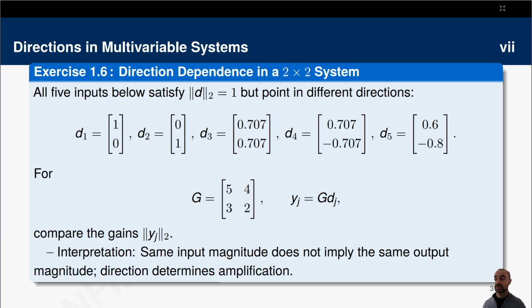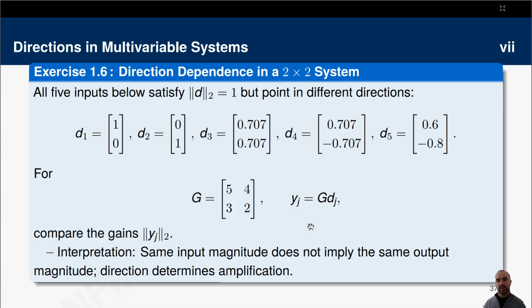Now I want you to compare the gains for the 2-norms of Y_j. Don't be confused by my using j for both input and output, because in this case I mean different things.